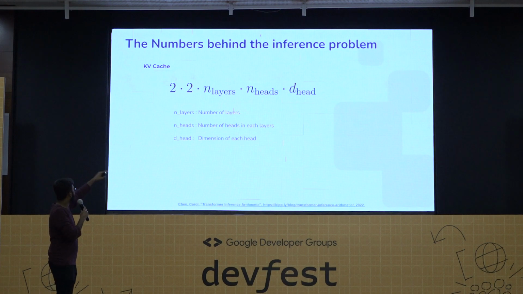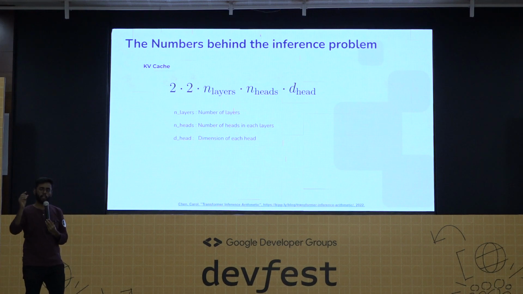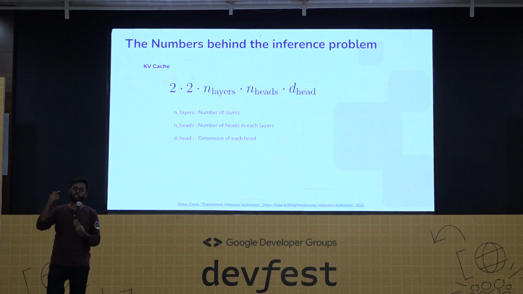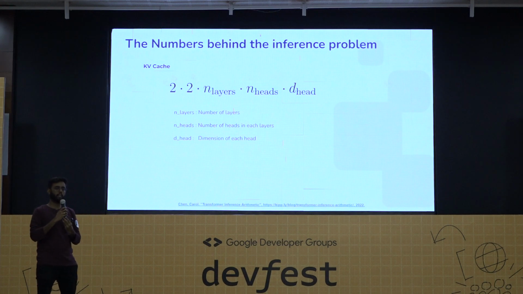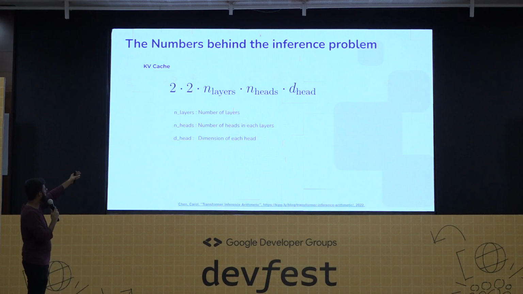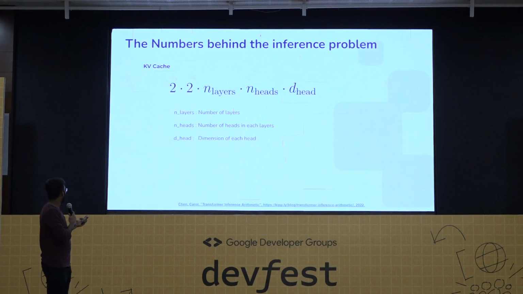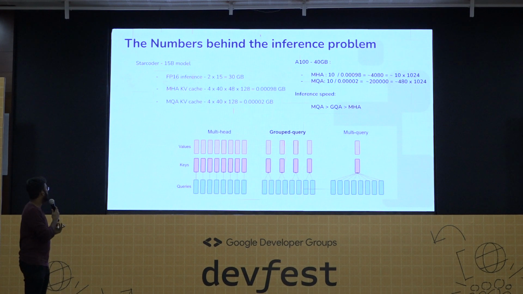This is what you need to calculate when a model predicts one single token. The memory required for it is 2 into 2 into n layers, n heads and d head. That was our formula, right?